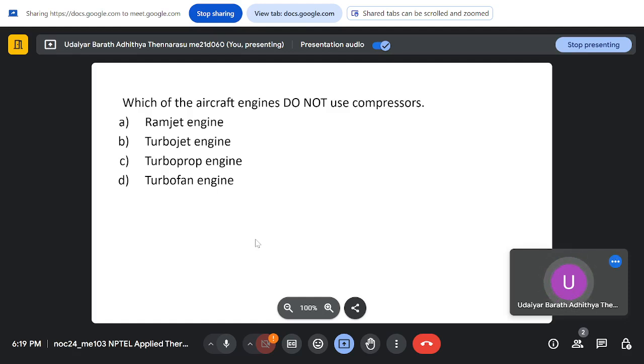So we know the velocity is converted into rise in pressure. So ramjet engine also works on this principle. So the answer is A, ramjet engine. So you basically use the ram effect to compress the fluid and not the compressor.